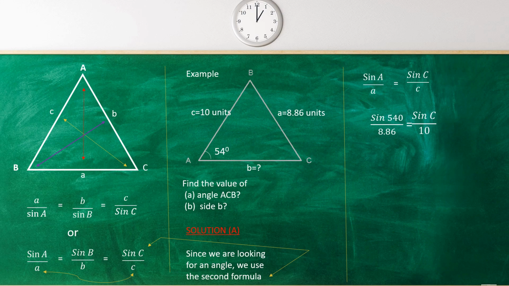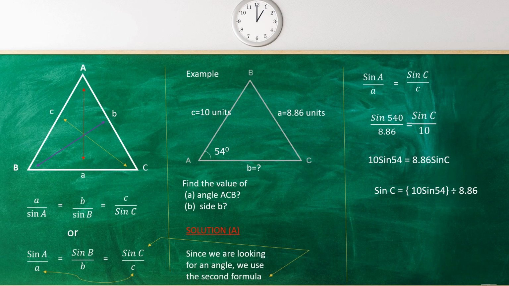We employ cross multiplication, where 10 will multiply with sine 54 degrees, while 8.86 will multiply with sine C. So that's what we get. We have 10 sine 54 is equal to 8.86 sine C. We're interested in finding C, so we divide by 8.86 on both sides, and so now we have sine C being equal to 10 sine 54 divided by 8.86.